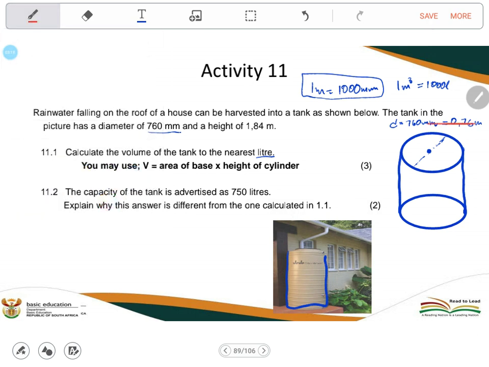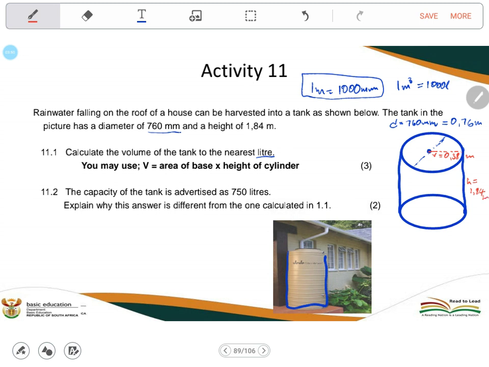The radius is the distance from the center of the circle to the circumference in any direction. In this case, the radius will be half of the diameter, which is 0.38 meters. And then we also have the height of the cylinder, so h will be equal to 1.84 meters.